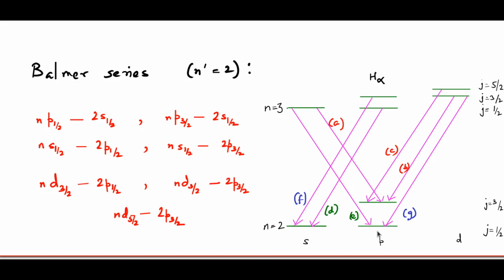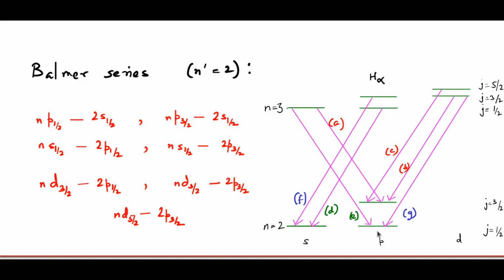Since the 3s and 3p levels for j equals 1/2 are degenerate according to Dirac's theory, and the 2s 1/2 and 2p 1/2 are degenerate according to Dirac's theory, or according to our first order calculation that we did, we would expect these two lines, though corresponding to different transitions, to have exactly the same frequency.